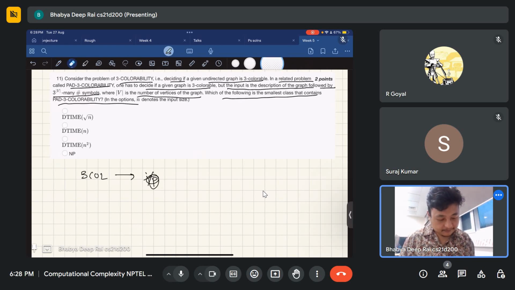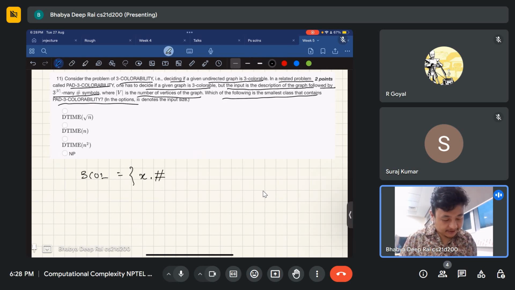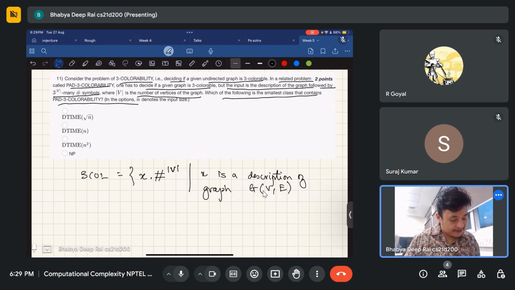This time, pad 3 colorability consists of all x followed by hash to the size of v, where x is a description of graph G, with some v vertices and e edges, which is three colorable.